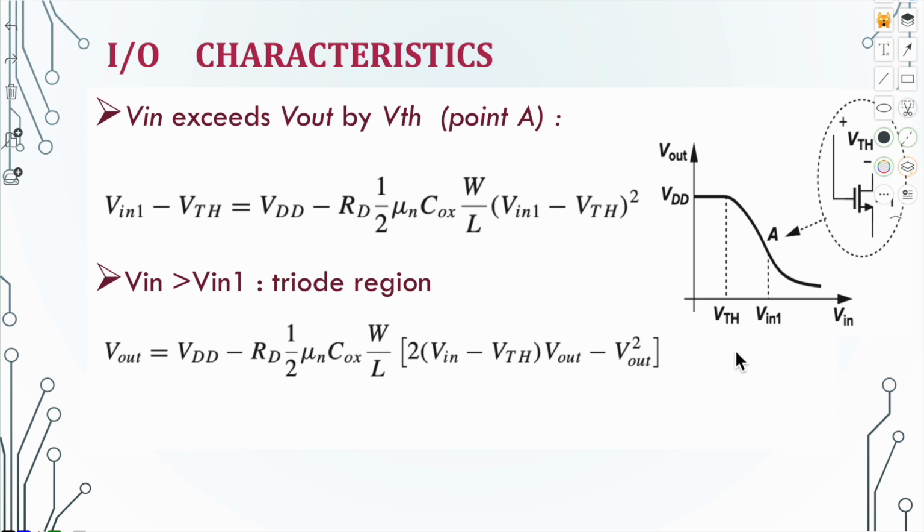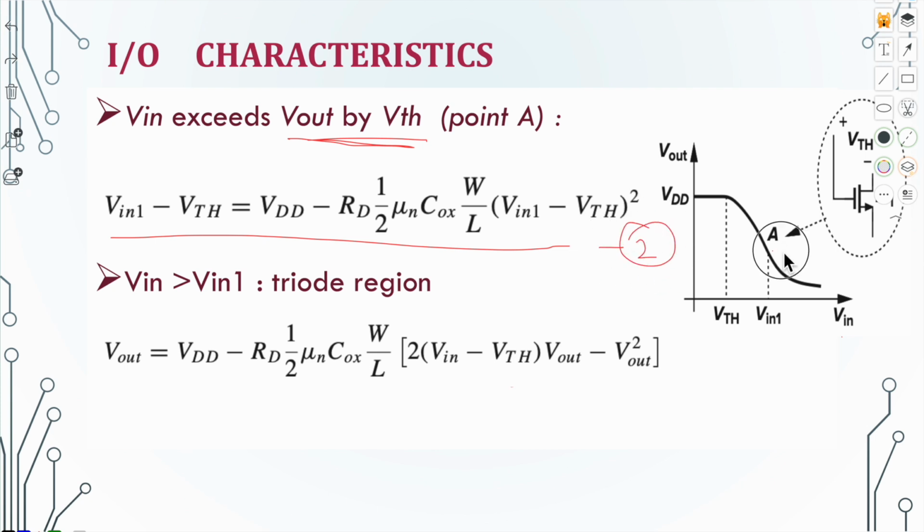Now with further increase in the input voltage, Vout drops more and M1 continues to operate in saturation until Vin exceeds Vout by VTH. This is denoted by the point A. At this point A, we have this equation number 2.